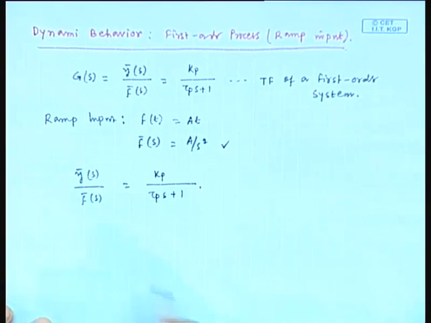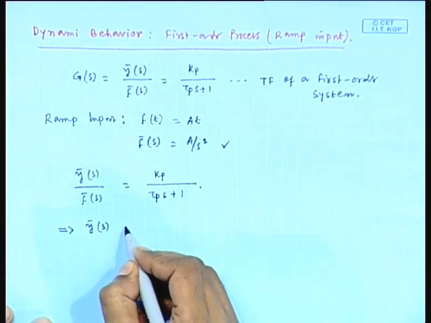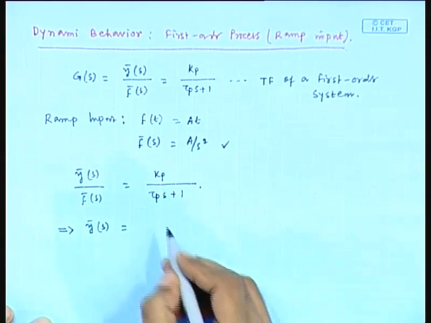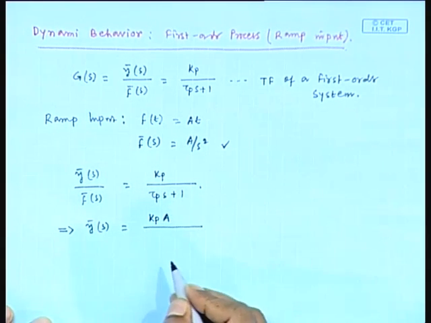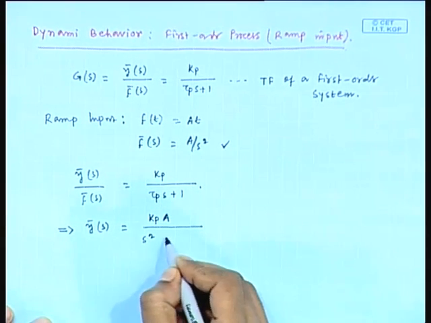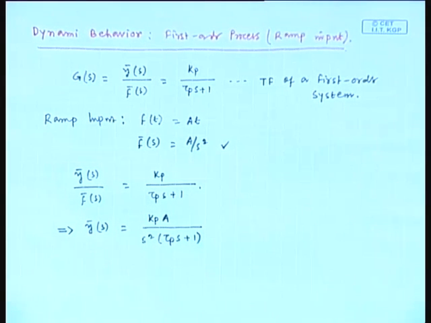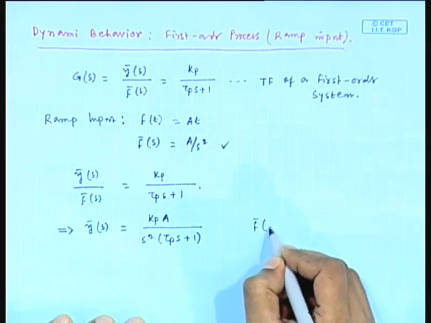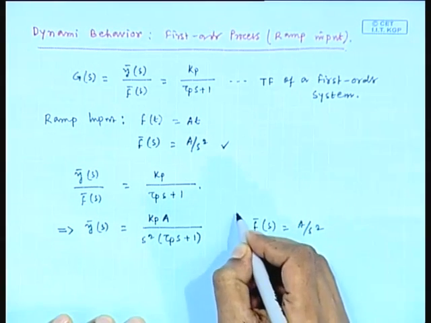If we consider f(s) equals a by s square, then the output in s domain becomes Kp a divided by s square into tau p s plus 1. Got it? Considering f(s) equal to a divided by s square.